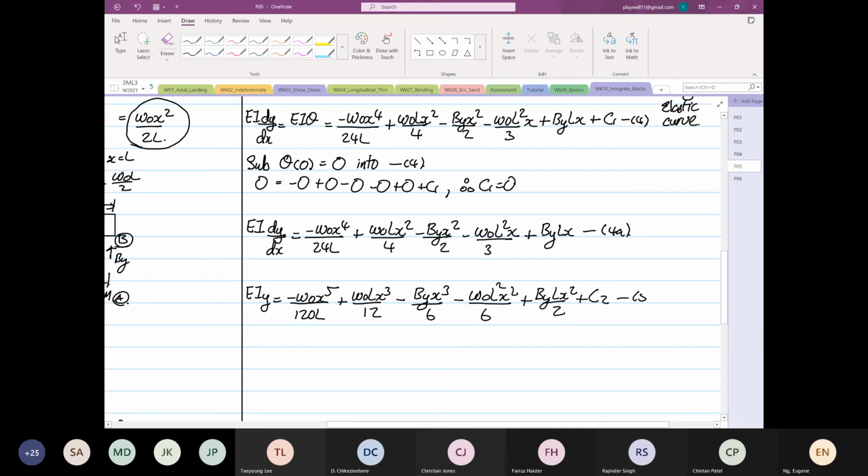So this is equation number 5. Okay, I'll check: x cubed, yes; L x cubed, yes; By x cubed, yes; minus omega naught L squared x squared over 6, yes; plus By L x plus C2, yes.